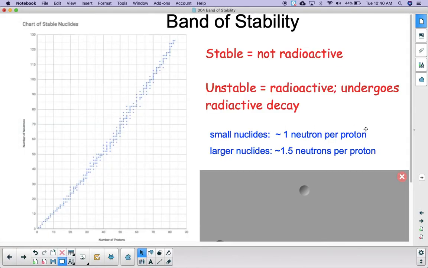We can connect this to our study of the AZX notation by zooming in on just this region up here of the chart of stable nuclides, the 10 by 10 region that goes from protons between 80 and 90 and neutrons between 120 and 130.